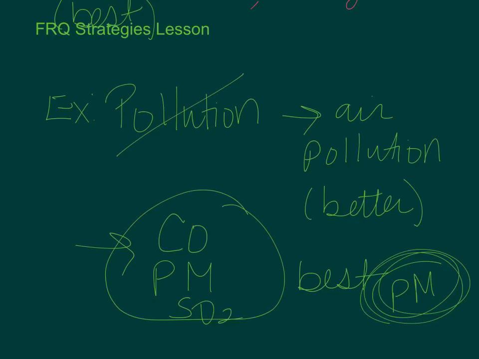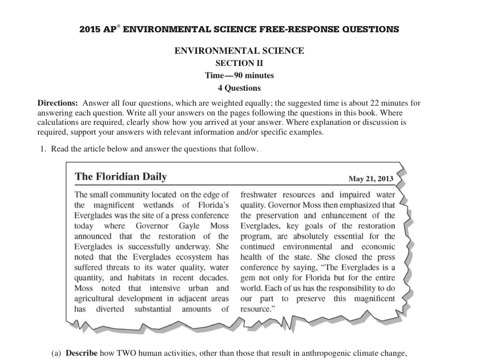All right, let's go to the next page. So now you're at the 4 FRQs. What I want you to do right now is read through these questions in 5 minutes. So you're going to pause my video and set a timer for 5 minutes.